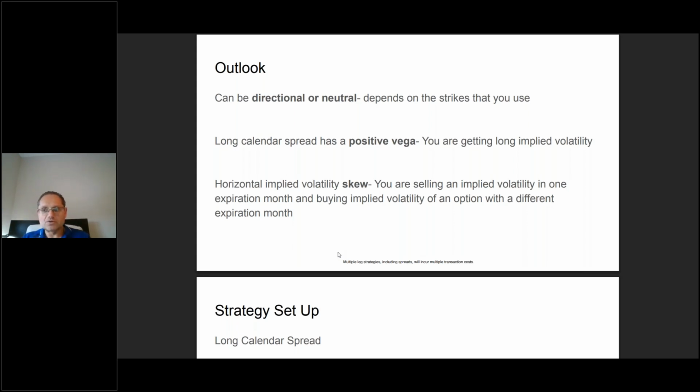Well, you have a horizontal skew where the implied volatilities change based on days to expiration. So that's something to keep in mind, where you could have an opinion about the current horizontal implied volatility skew, and that's another factor that goes into your unique forward-looking outlook.